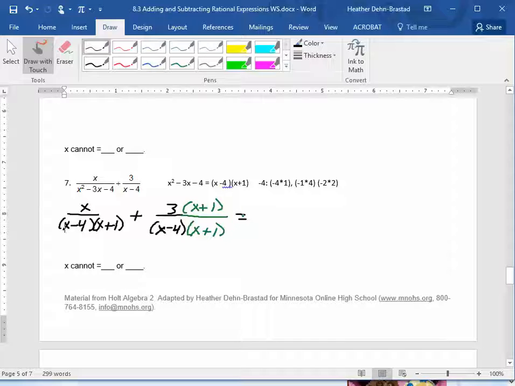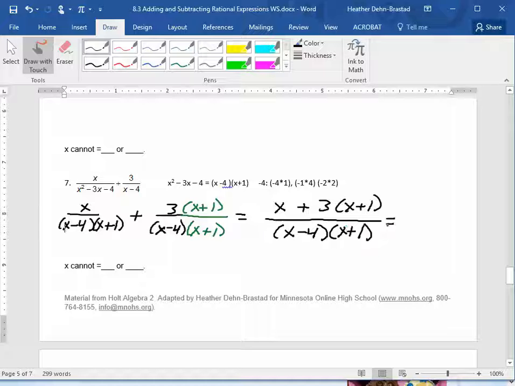So now what do we get? Now the bottom is the same on both of them. So the top is x plus 3 times x plus 1. The denominator, I'm going to write this all over the same denominator now, is x minus 4, x plus 1. And then I just have to simplify the numerator.